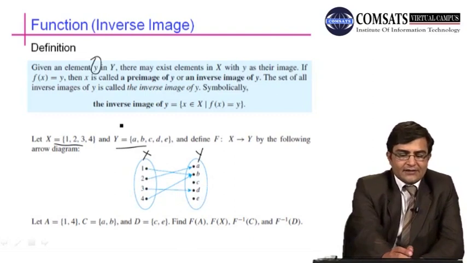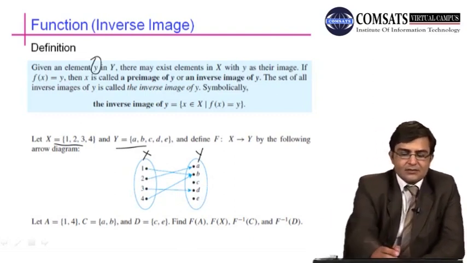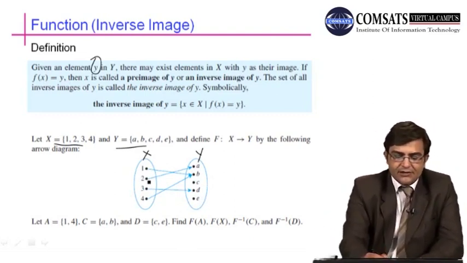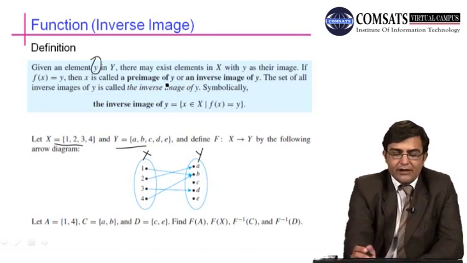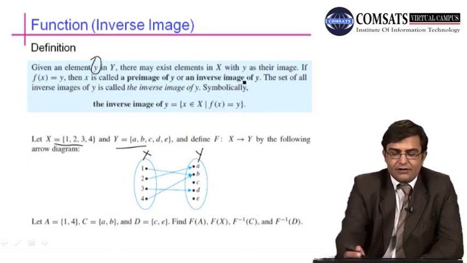Now if f of x is equal to y, then x is called a pre-image. The elements of X which are related to some element of y are called pre-images of y or inverse images of y.